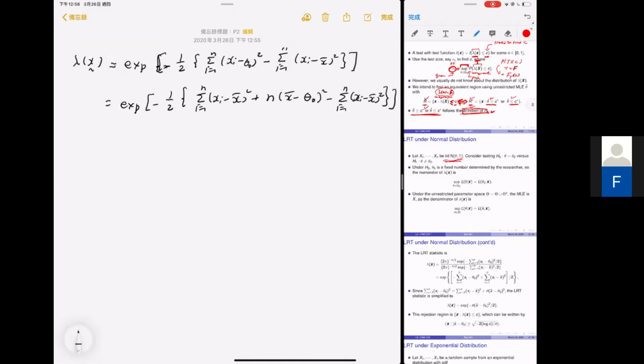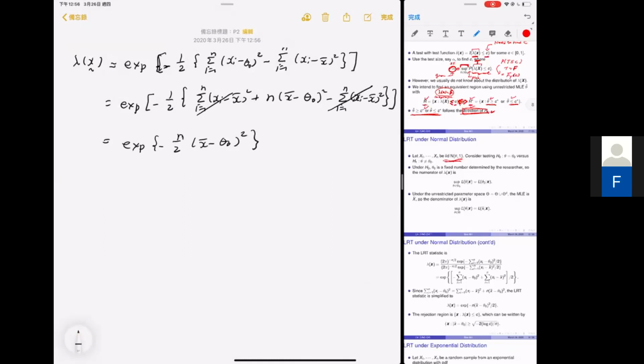So this guy could cancel out. That's what I'm looking for. Eventually your LRT is minus half times n times x bar minus theta 0 squared. Good, you finish deriving your LRT, lambda x.